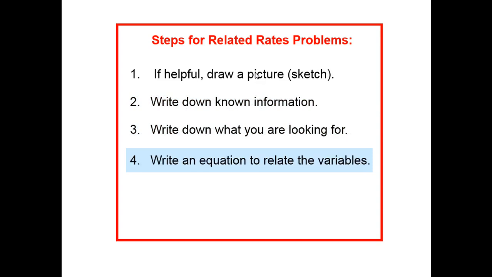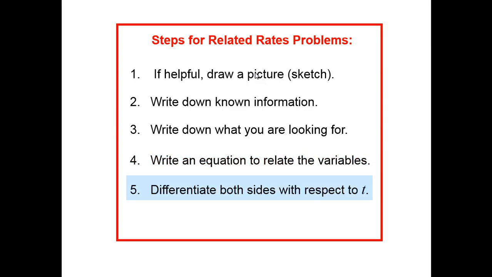Come up with an equation that puts it together: volume of a sphere, volume of a cone, Pythagorean theorem, whatever it is that you're working with. Differentiate both sides. Everything that's a variable gets differentiated with respect to t. Then, of course, put your numbers in and evaluate it.